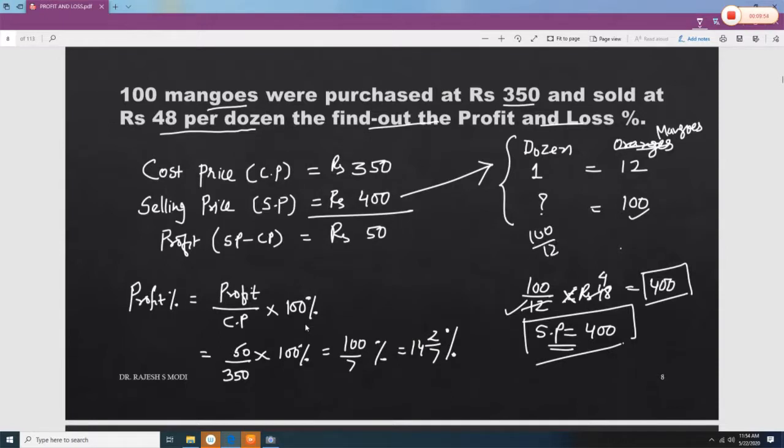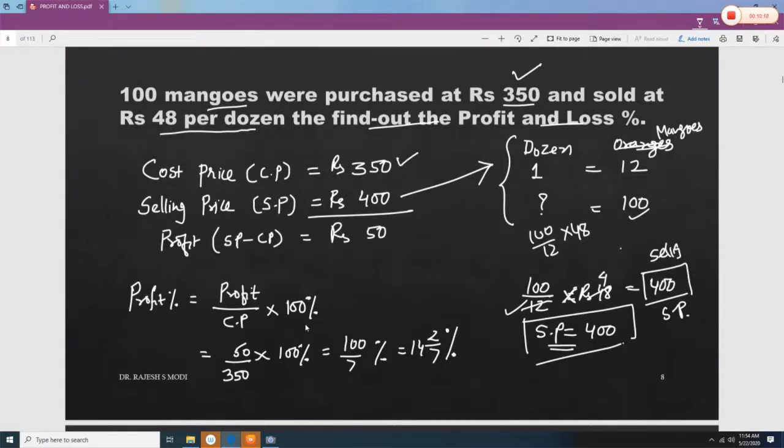That many dozen he has purchased. And per dozen he is giving 48 rupees. So the selling price is 400, and he purchased at 350. So 350 is the cost price.